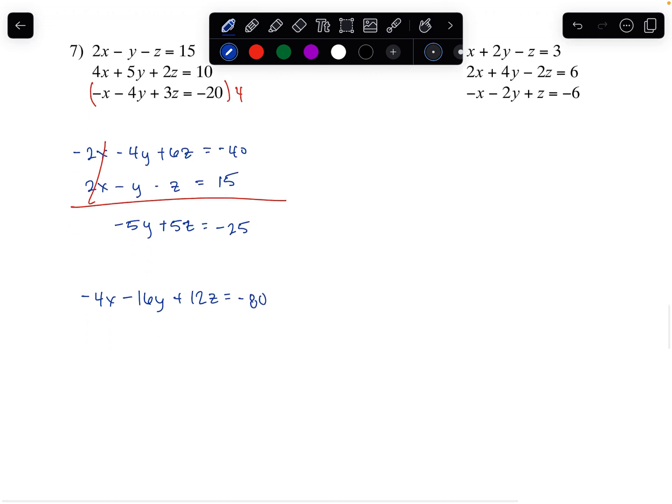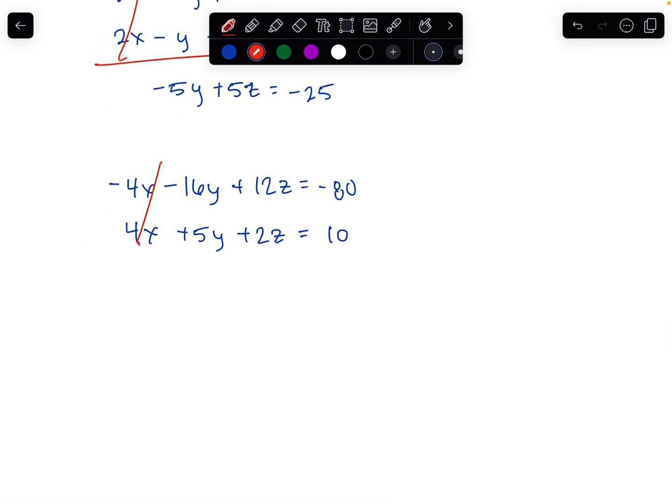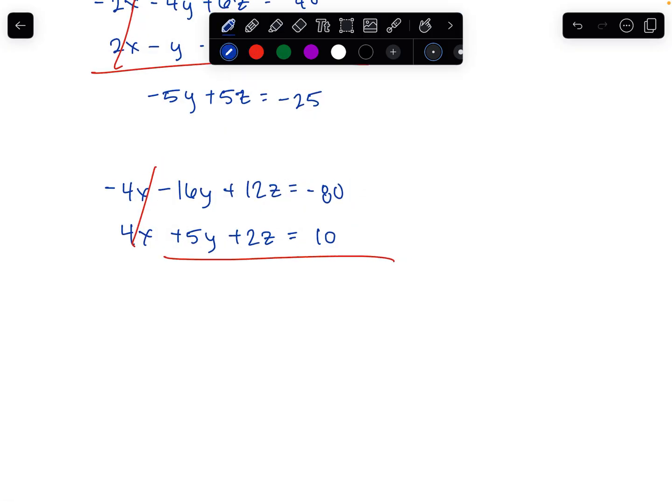I'm going to add that with the second equation, 4x plus 5y plus 2z equal to 10. Those are going to cancel. That's going to be, what, negative 11y? And then plus 14z equal to negative 70.